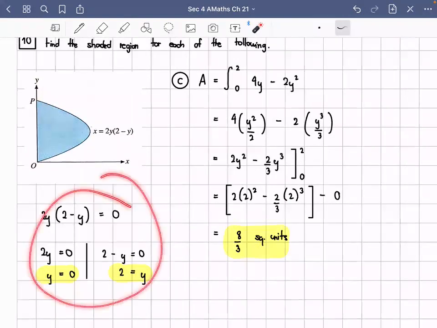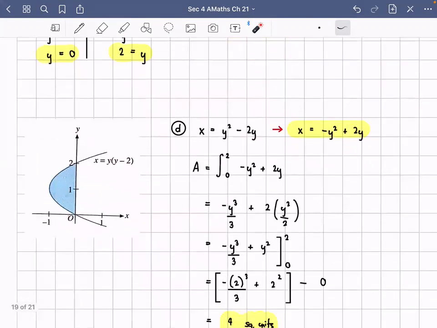And then lastly, 10D. Now 10D, as you can see guys, the shaded region goes beyond the y-axis to the left side of it. That means that these things here are all negative, or we should multiply our expression or function by negative 1.